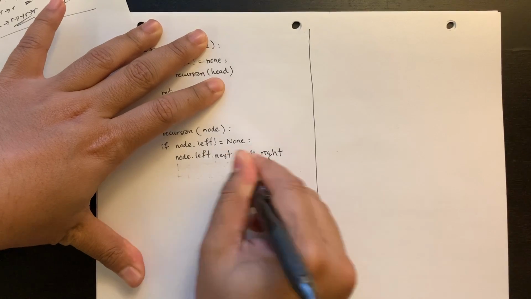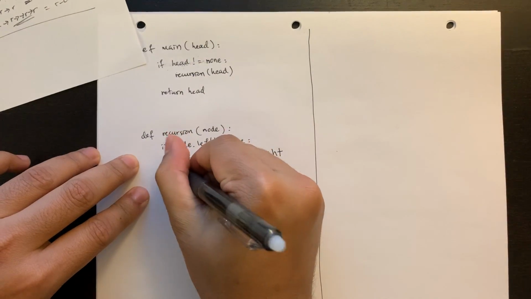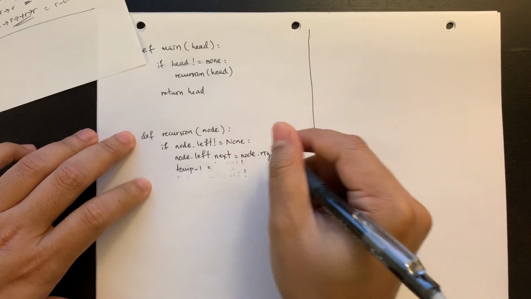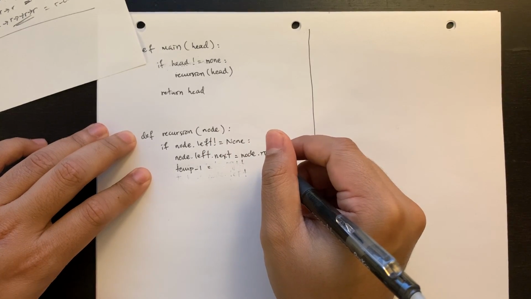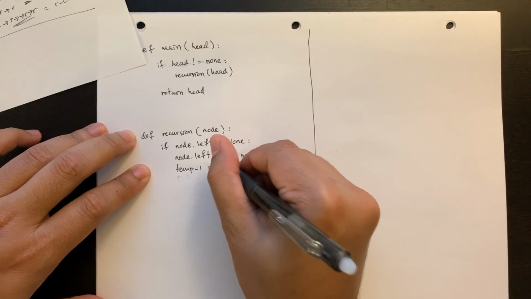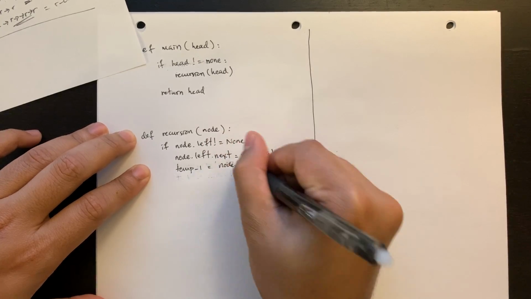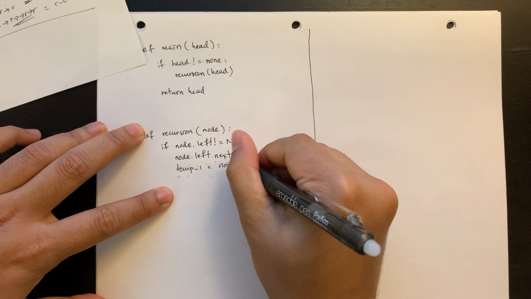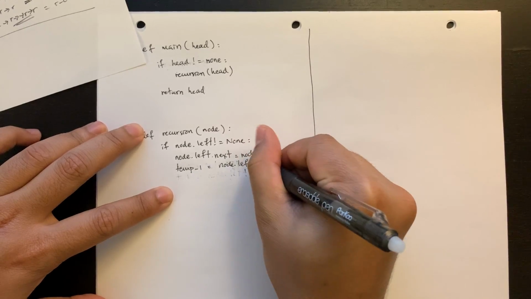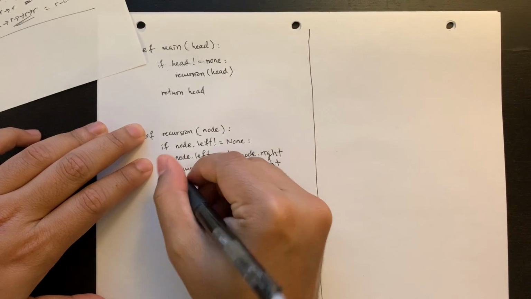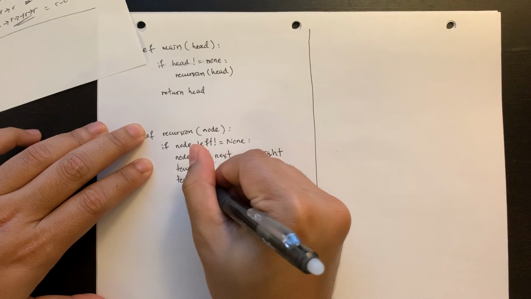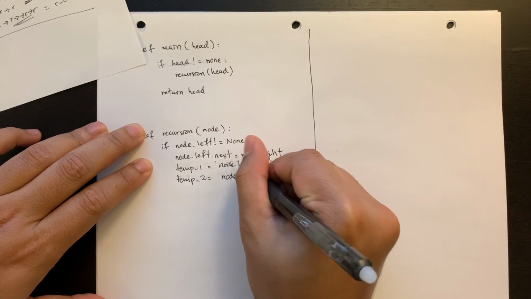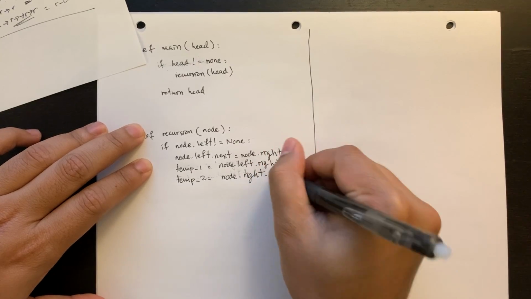Just call them temp1 and temp2. So let's say temp1 is equal to node.left.right. Temp2 is equal to node.right.left.